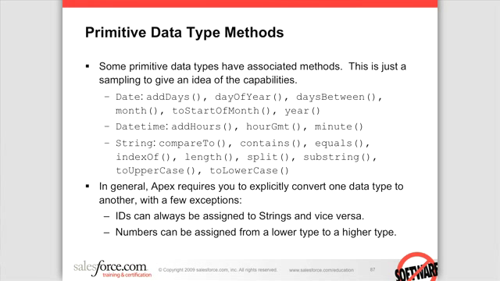Here are some example primitive data types and the methods associated with them. For date and datetime, we can add hours. For string, we can do some manipulation: substrings, splitting, trim, and so on and so forth. You must explicitly do conversions.